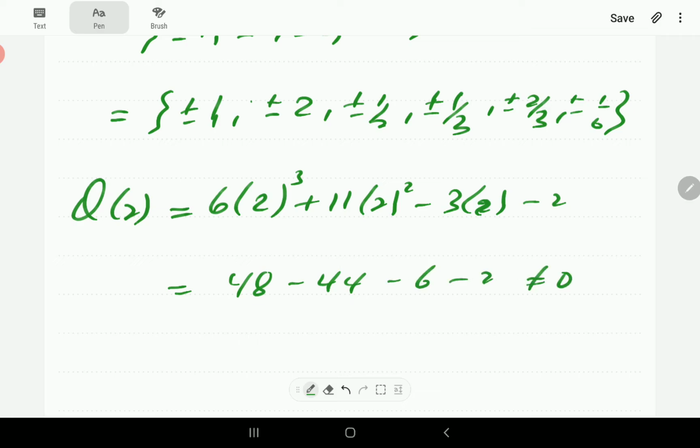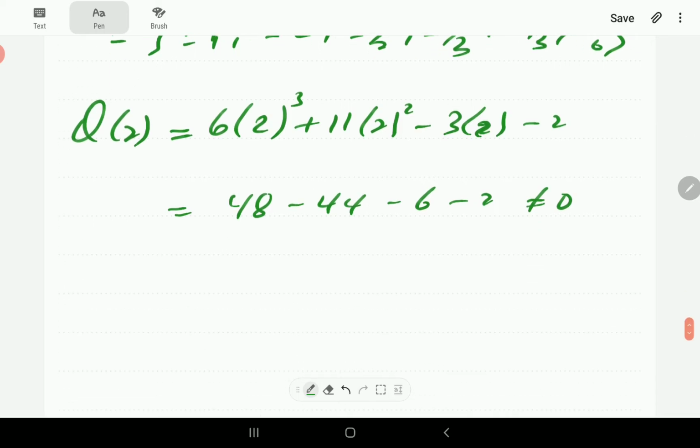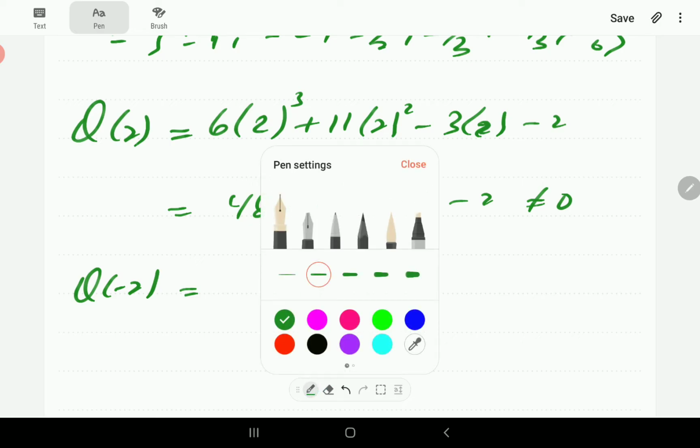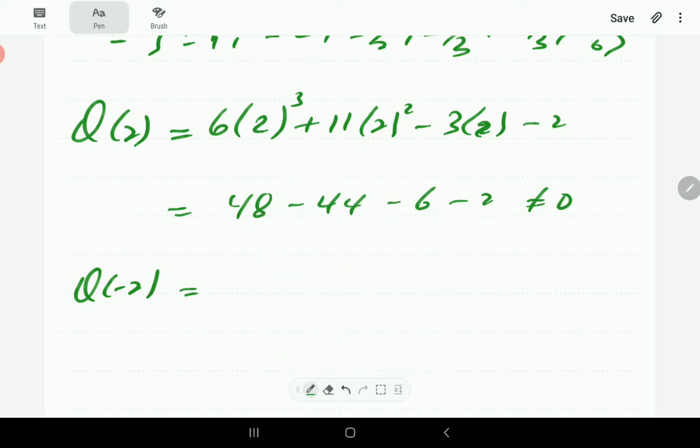It's not going to be equal to 0. Then we try negative 2. It's still going to be the same numbers, it's just that for the odd powers, the signs are going to change. So this one is going to be negative. This is an even power, it remains the same.